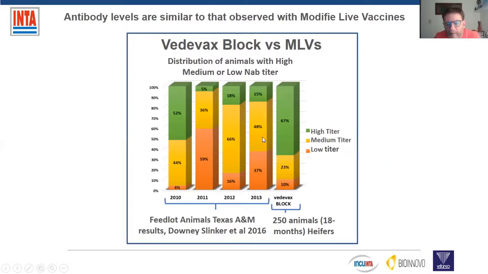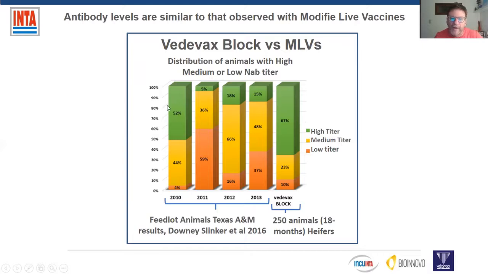Now, it's well known that modified live vaccines for BVDV and for other diseases are better than inactivated vaccines. And for that, for me, it was very important to show these results. And that probably changes your mind about the use of inactivated vaccines when you implement the targeting vaccines. Here is the immune response of antibodies with modified live vaccines during 4 different years in the United States. You can see that this is the performance. In this case, they're half and half.